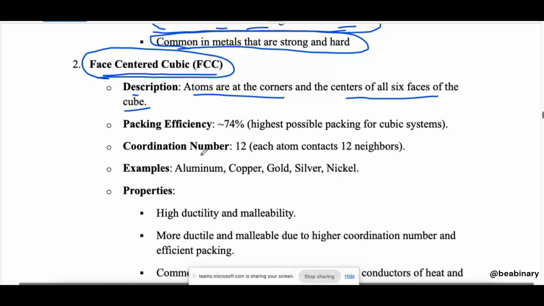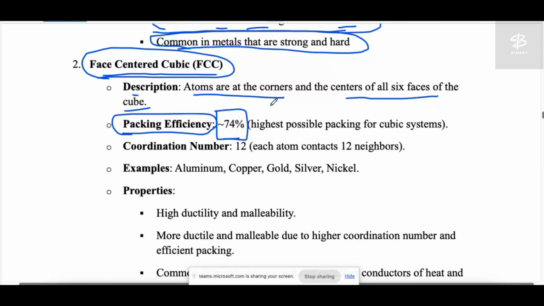In FCC, that's why you have more packing efficiency, because packing efficiency means the amount of the volume occupied by the atoms present in a crystal structure. If the number of atoms is more, it means the packing fraction would be more. As you can see, it has 74%, which means you have only 26% left. 74% of the volume is occupied by the atoms.